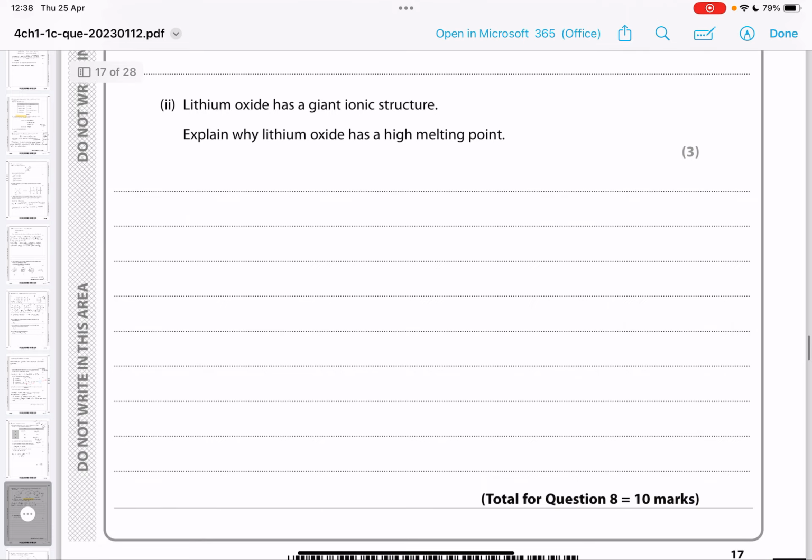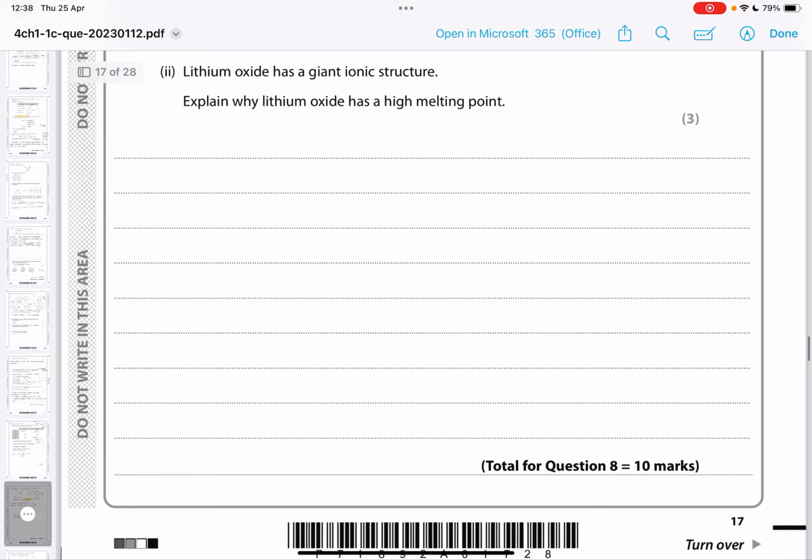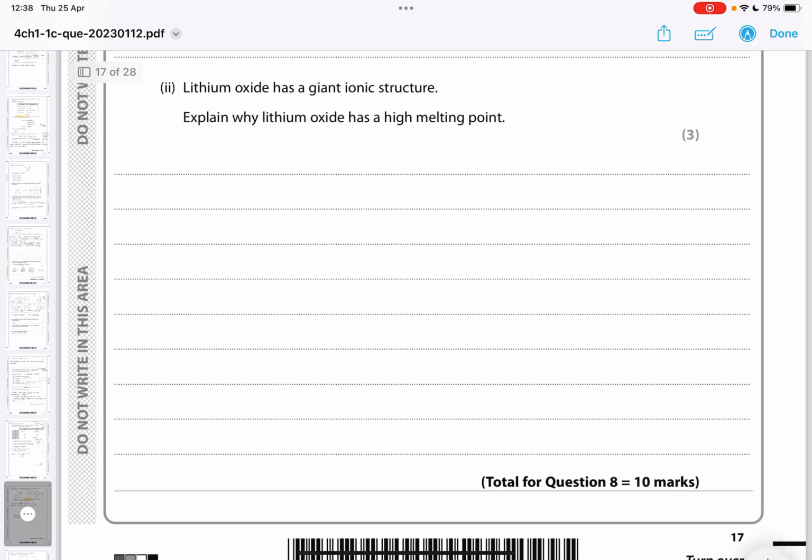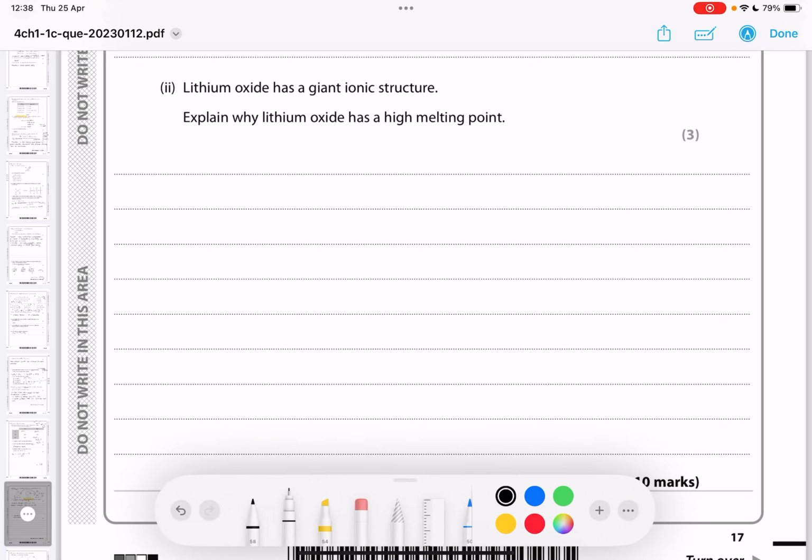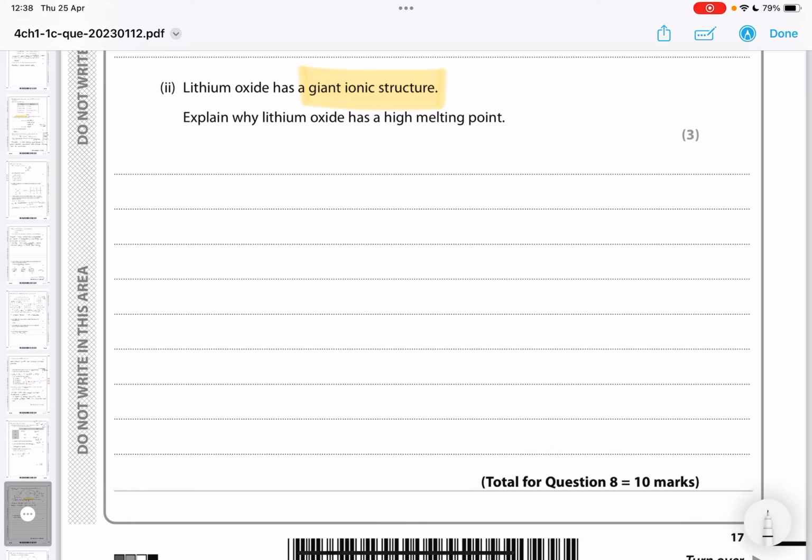Lithium oxide has a giant ionic structure. Explain why lithium oxide has a high melting point. Okay, so it has a giant ionic structure. And what does that mean? It means that there are lots of ionic bonds. Now, for these types of structure questions, on why something has a high melting point and why it can conduct electricity, you need to make sure you're very comfortable with it, because it is a very popular question that comes up in lots of papers.